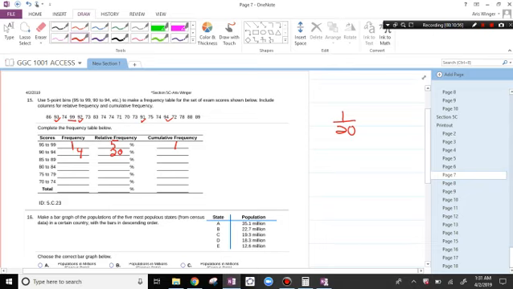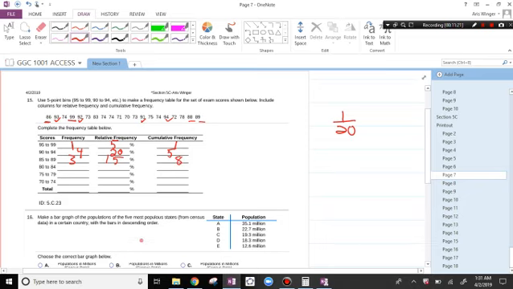So the cumulative, I need to add another 4. That makes 5. 85 to 89 looks like 1, 2, 3. So 3 out of 20, 15%. Add 3 more makes 8.